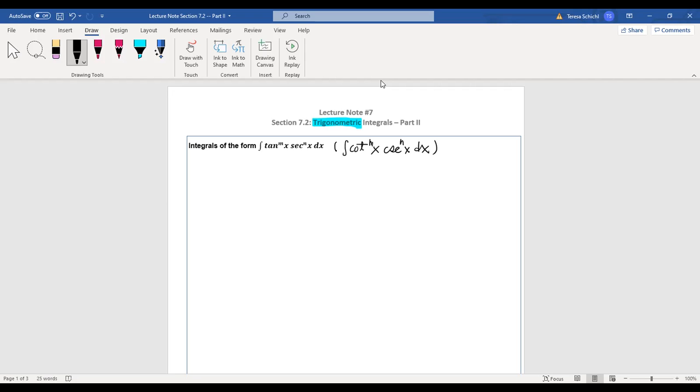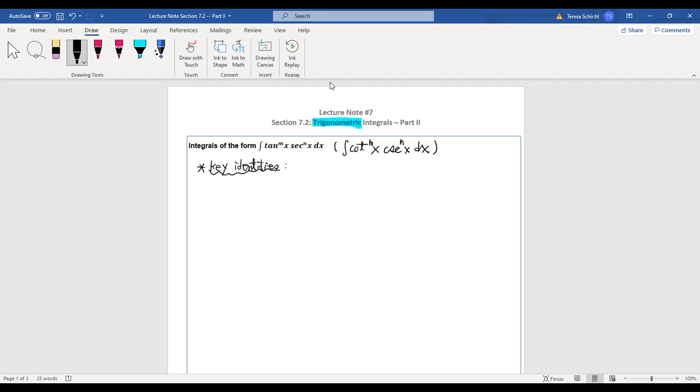Just like we did in the first part, in order to do this type of integration, we have a few key things. The first thing is that we always identify the key identities we're going to use. The key identity here is the Pythagorean identity again.